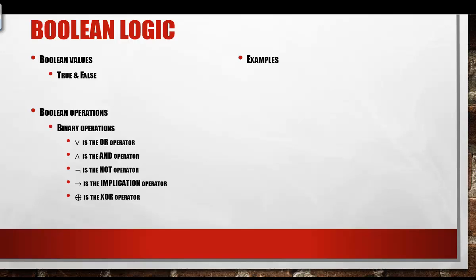So the two values that we talk about, true and false, are basically your Boolean values. In Boolean representations, true usually represents the value 1 and false represents the value 0.